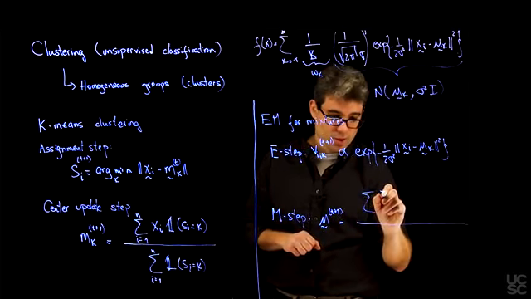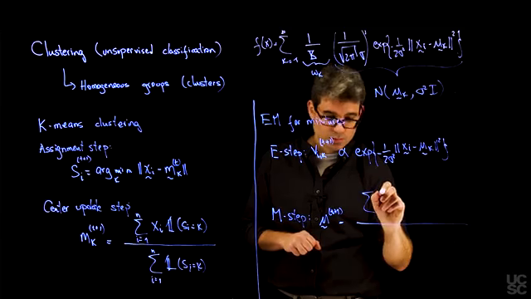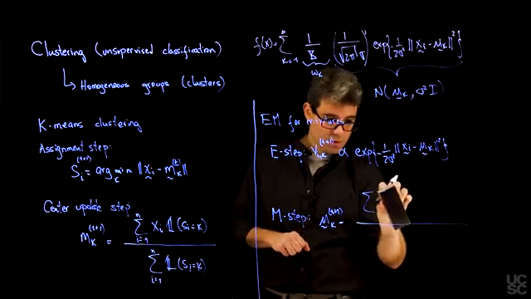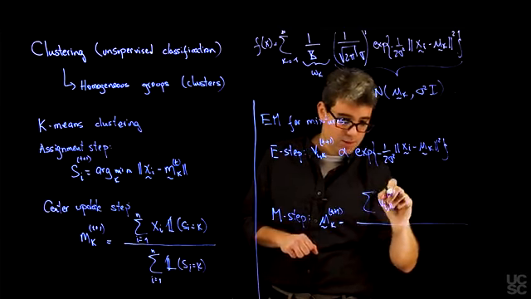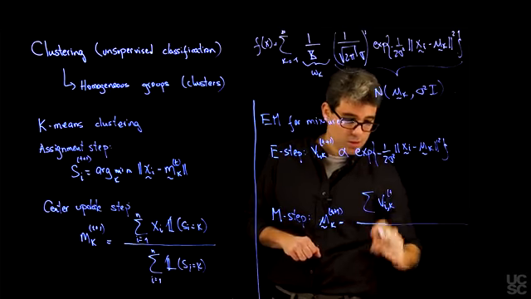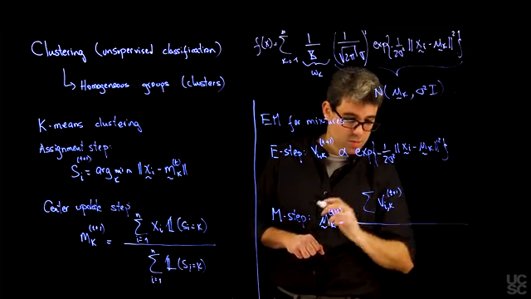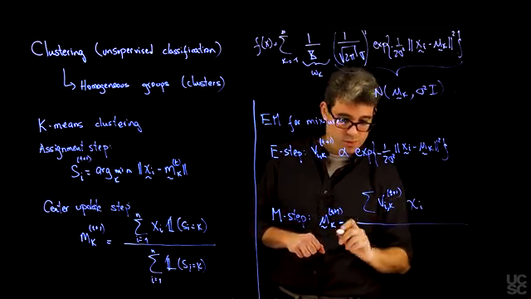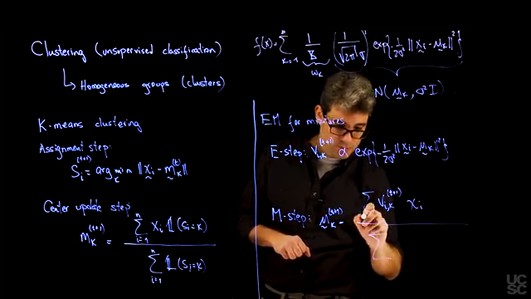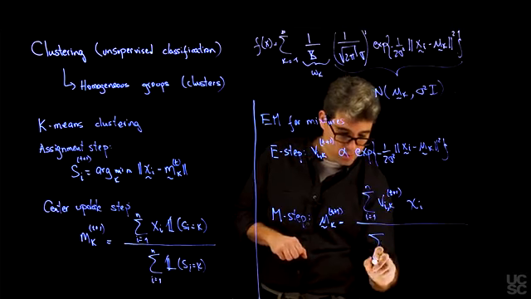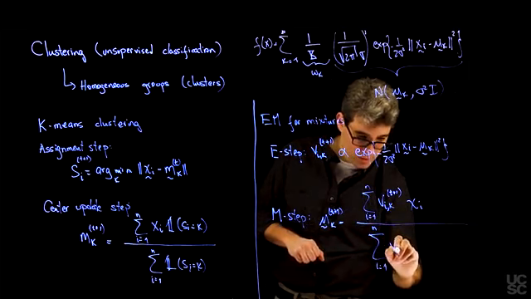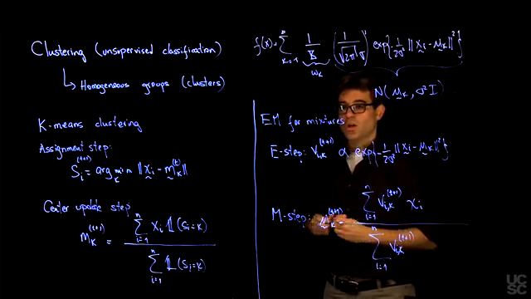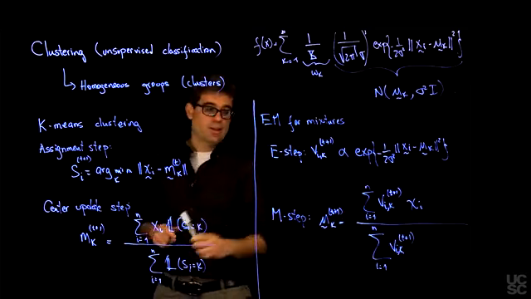So you had the sum of v_ik in step t plus 1 multiplied by x_i, divided by the sum from 1 to n of v_ik at step t plus 1. Again, you can clearly see the similarities.